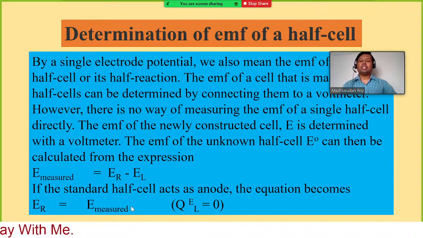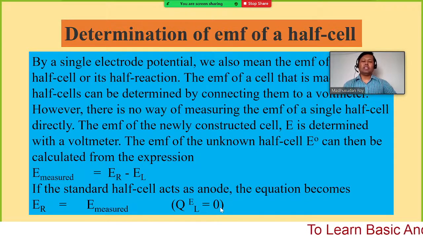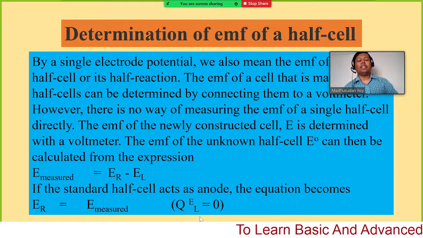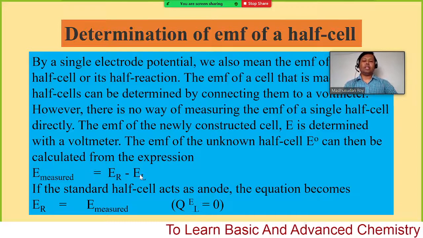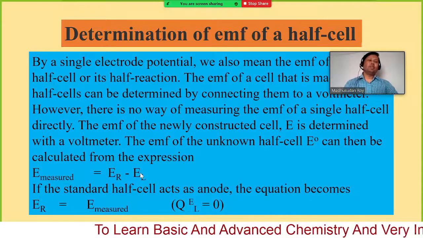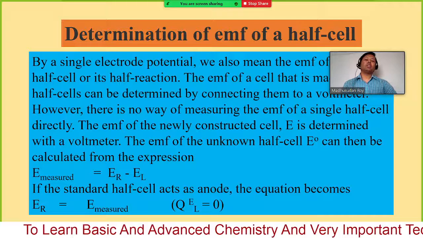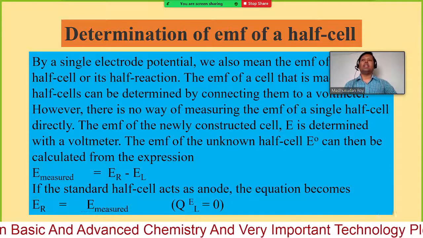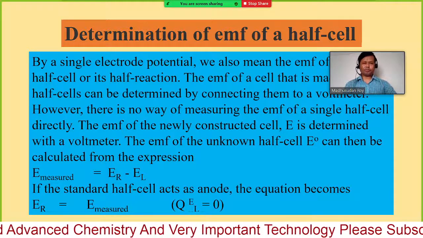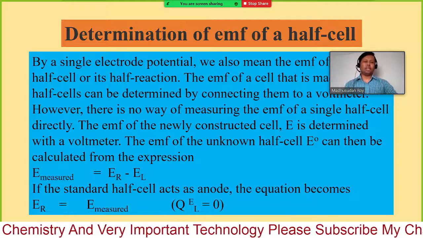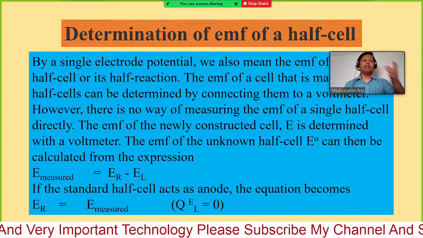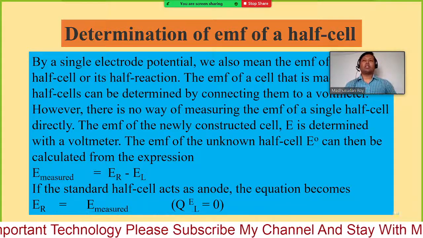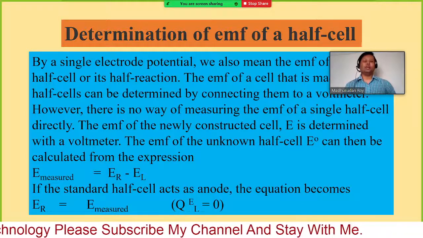Now if the standard half cell acts as anode, the equation becomes ER equals E measured, since EL equals 0. That means if we use a standard half cell made of a hydrogen electrode, we know the standard electrode potential for the hydrogen electrode is 0.